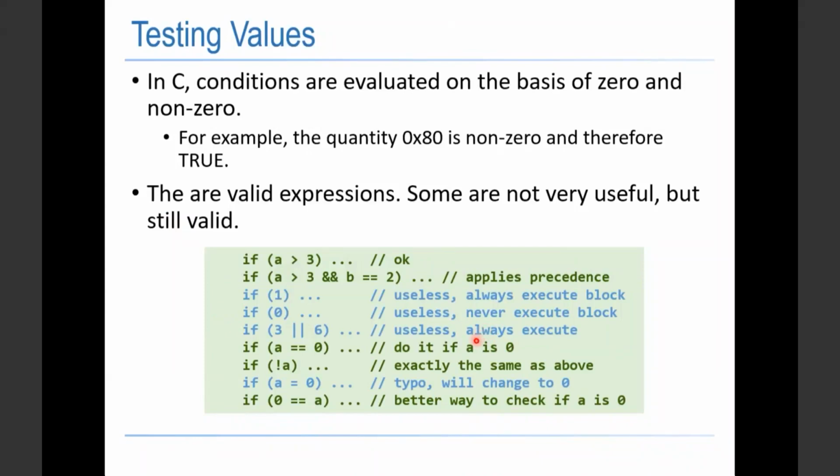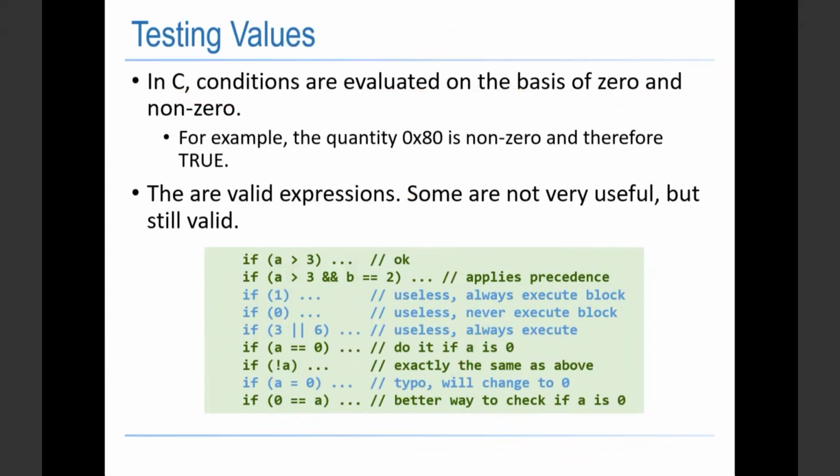Then we look at testing values. Because we are using C, we need to do some bit manipulation and bit testing in our program. In C, conditions are evaluated on the basis of zero and non-zero.